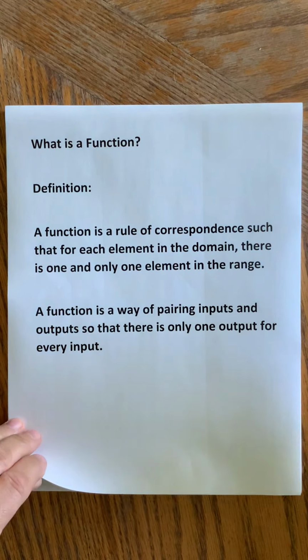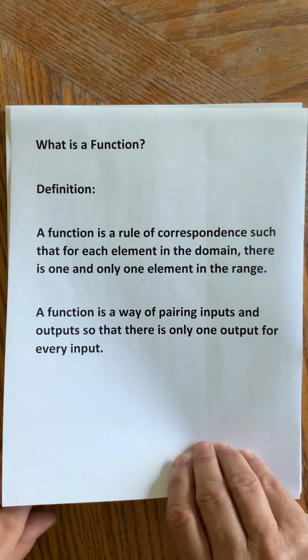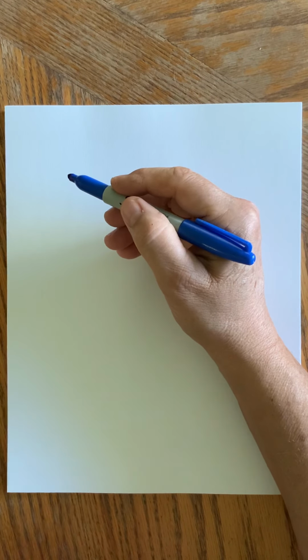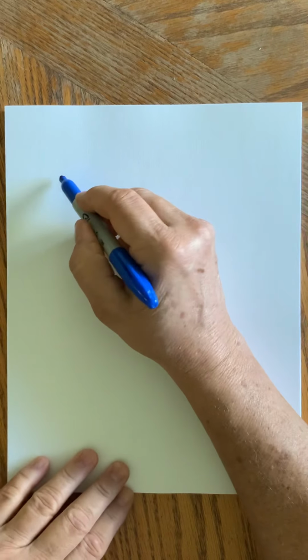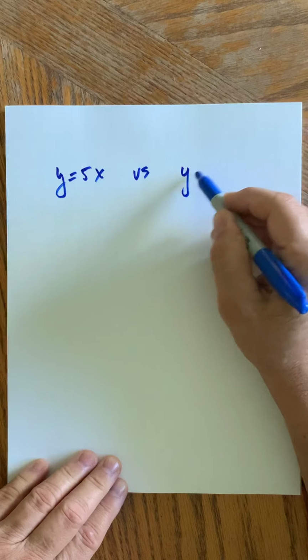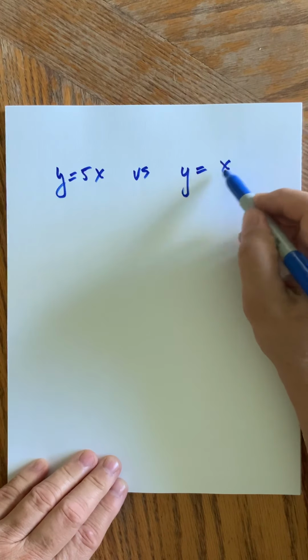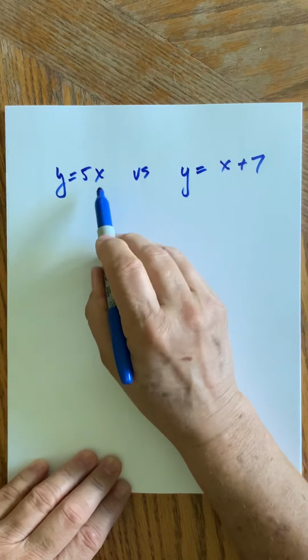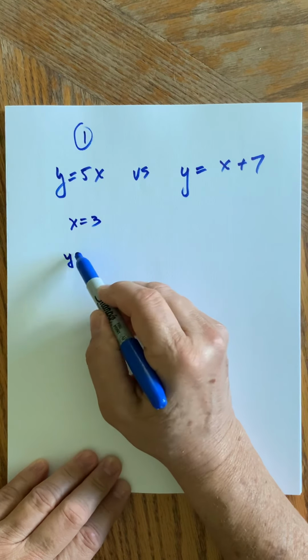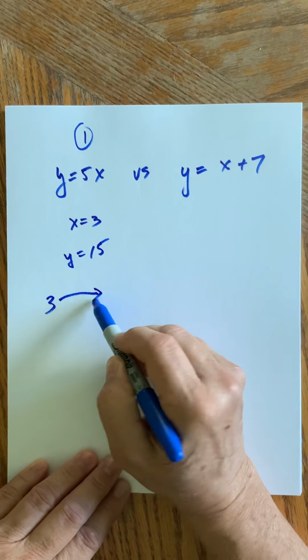Now, I just want to mention that if you're talking about a rule of correspondence or pairing, all that means is that the way you operate on the input to get the output is just different. So the same input wouldn't be acted upon in the same way. For example, if I had one function that said y equals 5x versus another function that said y equals x plus 7, the same input to this first function, let's say I put in x equals 3, here I would have y is 15, so 3 is paired with 15.